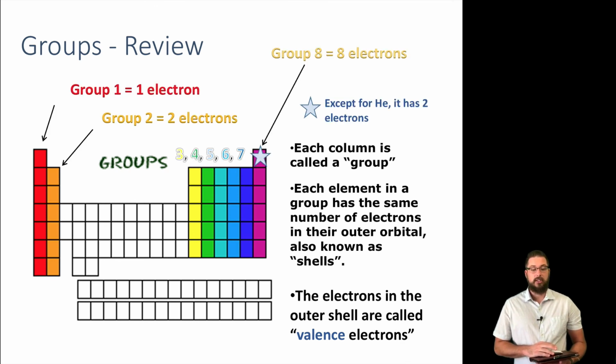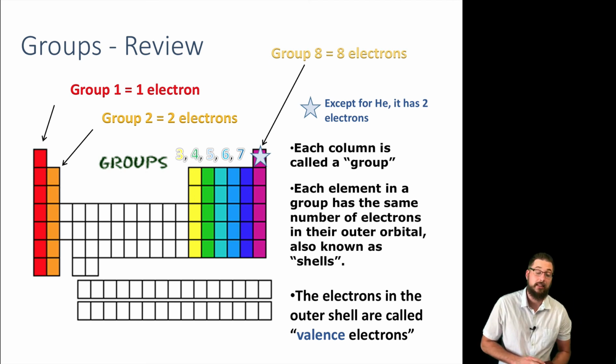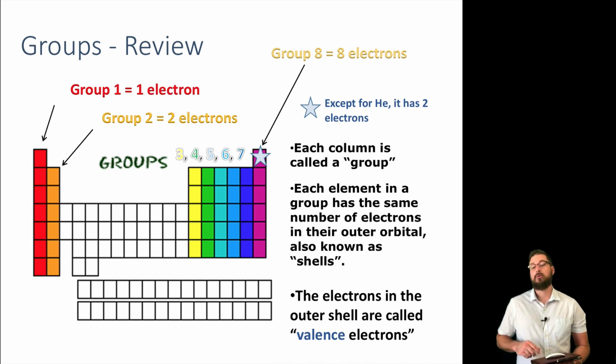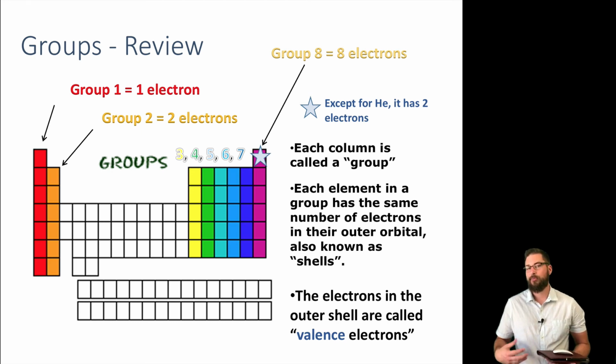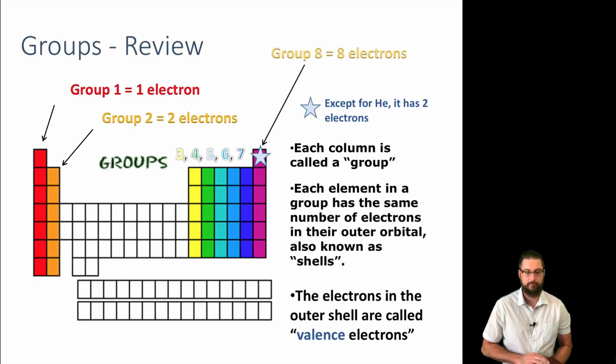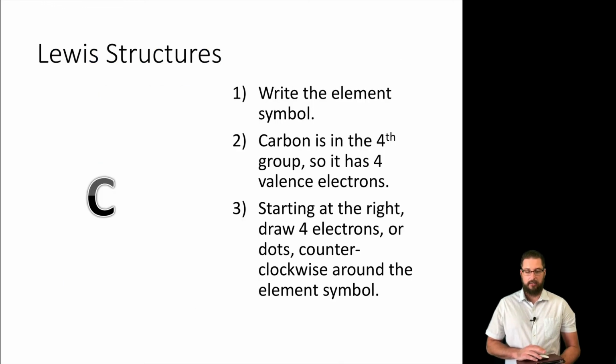The first column is group 1, then group 2, then we skip over to the column that has boron in it, which is 3, and then 4, 5, 6, 7, and 8. Helium is an exception, though. Even though helium is in the last column, it only has 2 valence electrons because helium only has 2 electrons.